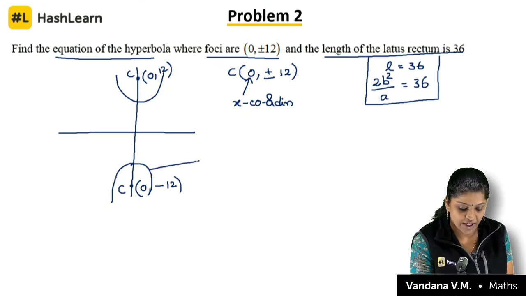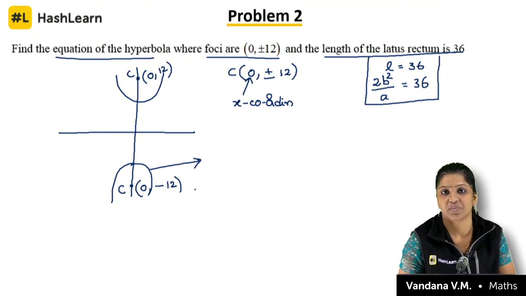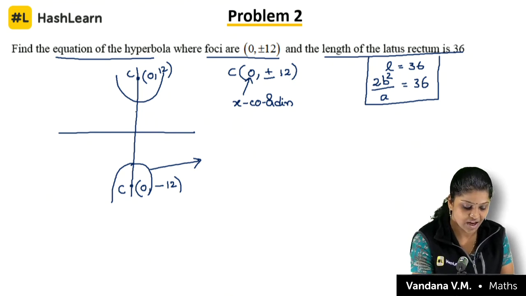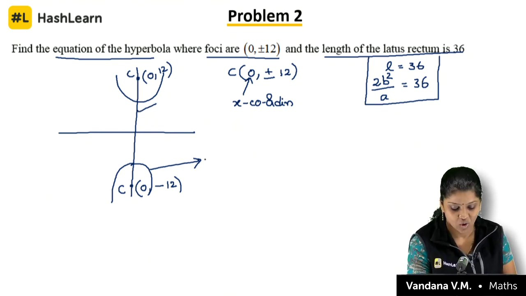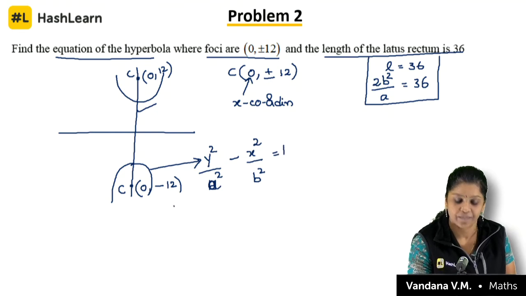Now, what will be the equation? What I said, longest side minus shortest side. What is the longest side? Where we are having the transverse axis. Where we are having the transverse axis, that is along the y-axis. So, how will I write the equation? y square by a square minus x square by b square is equal to 1.